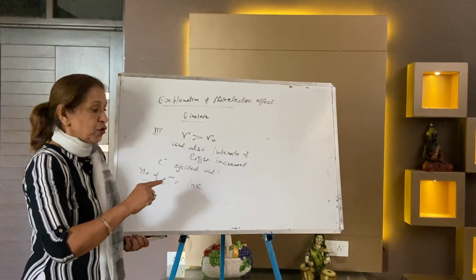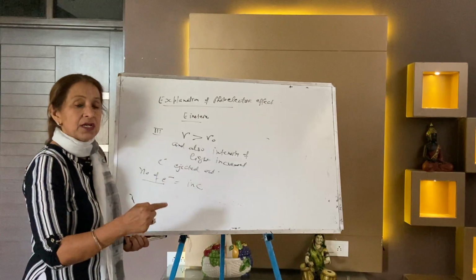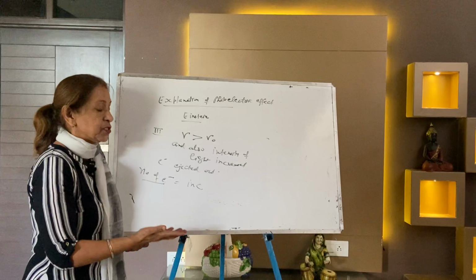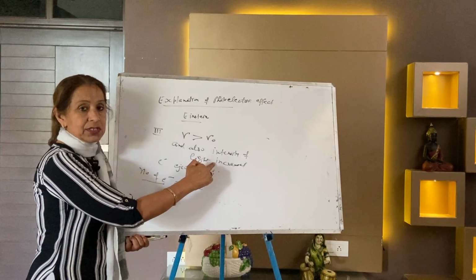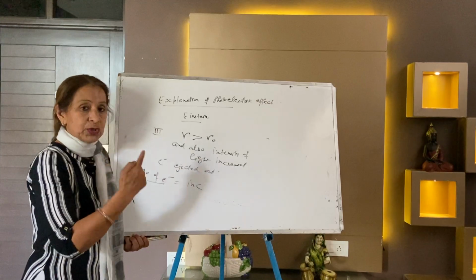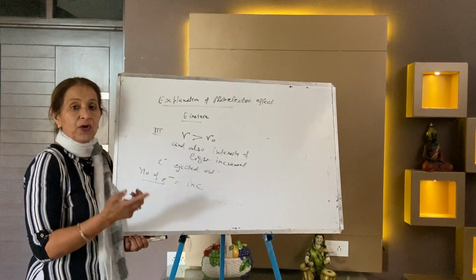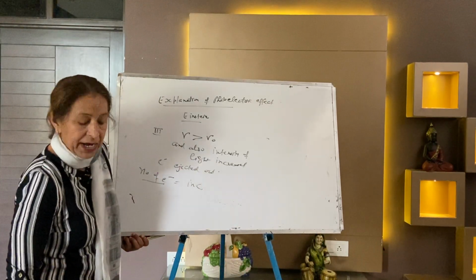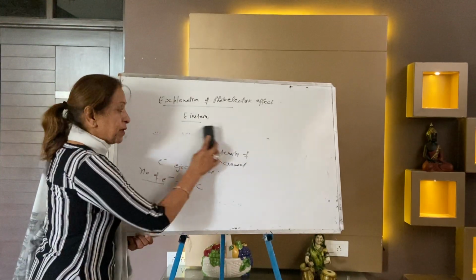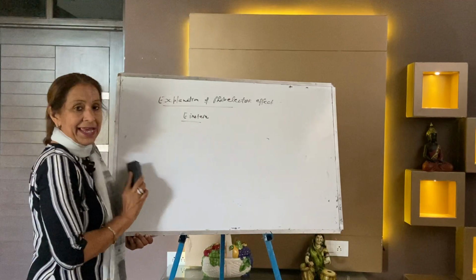This means the number of photoelectrons ejected always depends upon the intensity. Only the number depends upon the intensity, but the energy of the ejected electron is independent of the intensity. So these three observations were explained by Einstein like this.